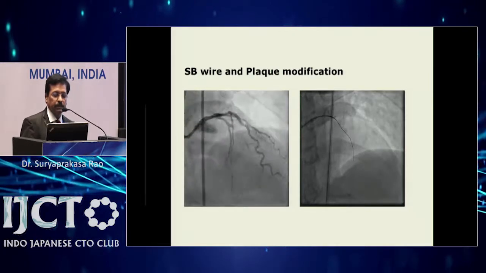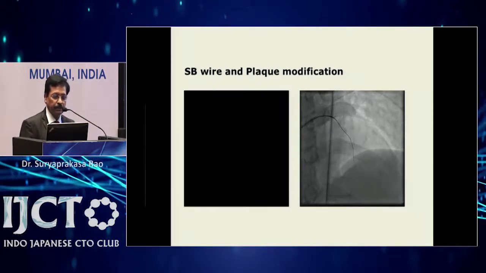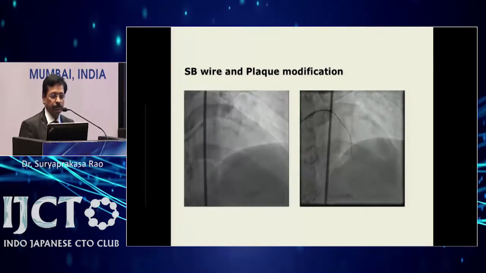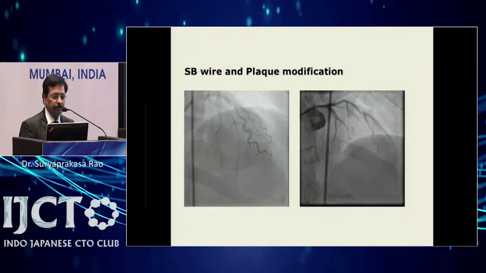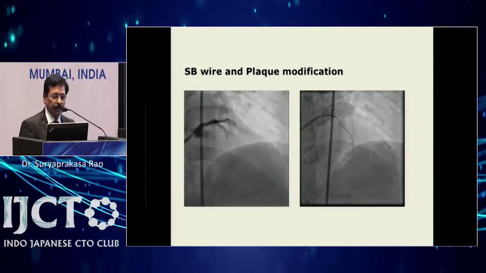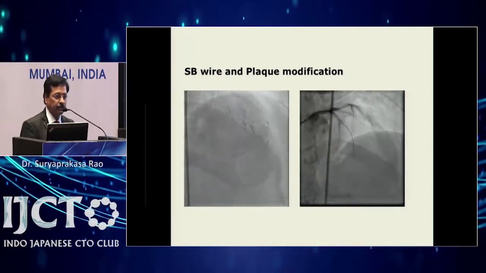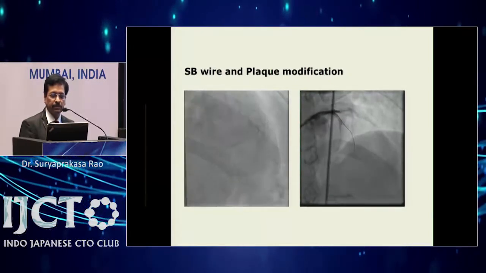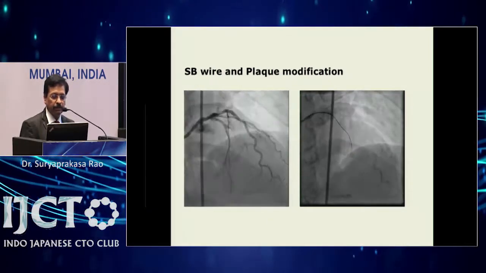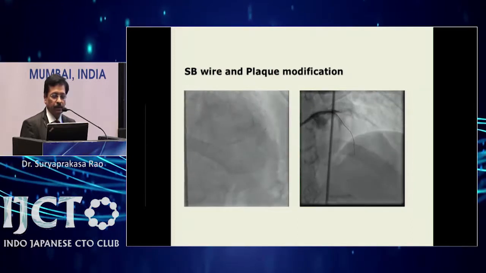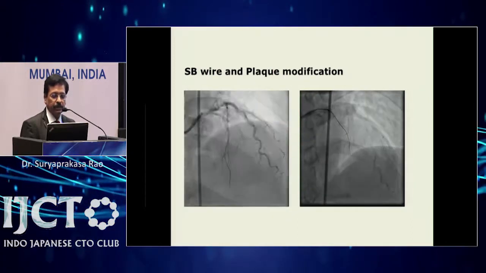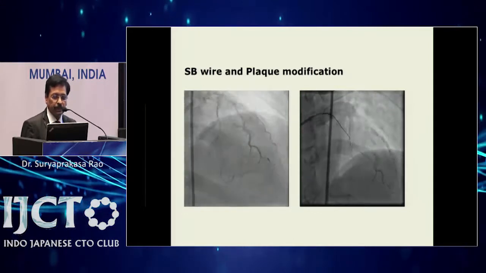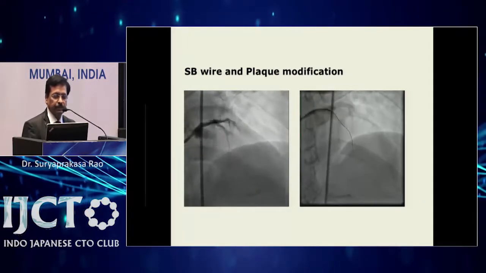The most important thing is that it should not always be a parallel technique. A side branch should always be utilized as an advantage. They say a side branch is a disadvantage, but I always feel a side branch at the distal end is an advantage. In this case the wire was in the false lumen, but I utilized the side branch and passed the wire into the side branch distal to the lesion, and I did a block modification.